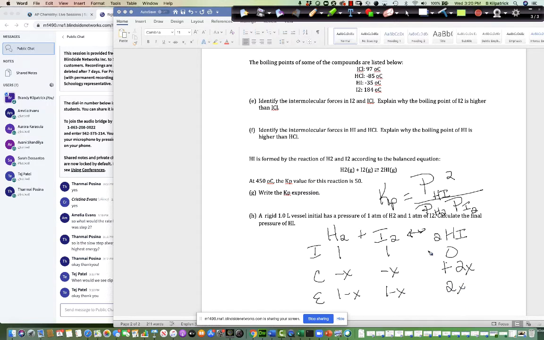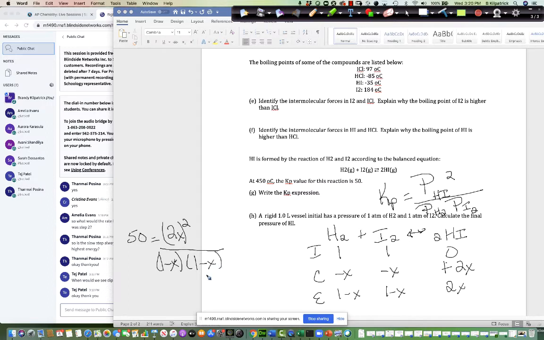Well, I know what the Kp value is. It's 50. So I can plug that into the Kp expression and then solve for x. So Kp is 50: the partial pressure of HI squared, that's the whole thing, that's the 2 also, divided by 1 minus x, 1 minus x.